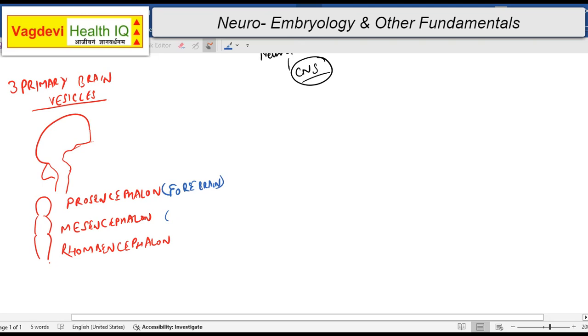If you cut it in half, it will have a mirror image of each other. So mesencephalon, M for meso. So this is the midbrain. And then rhombencephalon is the hind part of the brain, hindbrain. Till here you can remember.